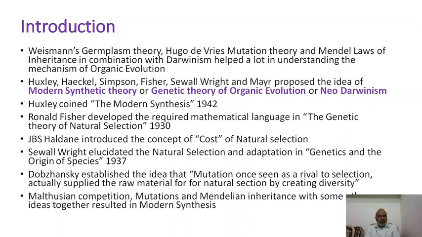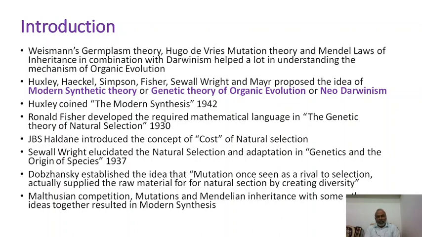Organic evolution does not occur only because of natural selection. There are certain forces that are driving the species towards a particular evolutionary change. Huxley, Haeckel, Simpson, Fisher, Sewall Wright, and Mayr, all neo-Darwinists, proposed the idea of modern synthetic theory, which is also known as the genetic theory of evolution or simply neo-Darwinism.